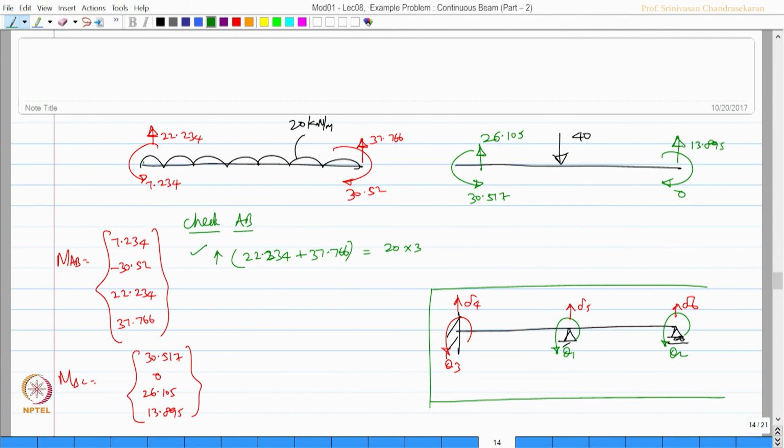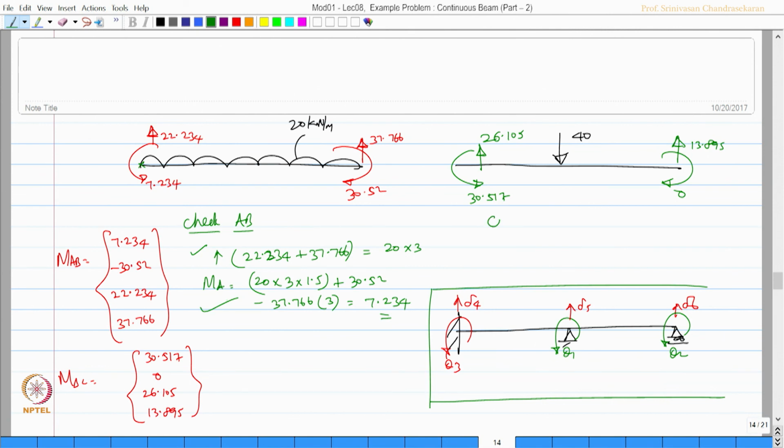If we take moment about this point, okay, moment about A. So, moment about A will be 20 into 3 into 1.5 plus 30.52 minus 37.766 into 3, which will give you 7.234 anticlockwise, which is also checked.